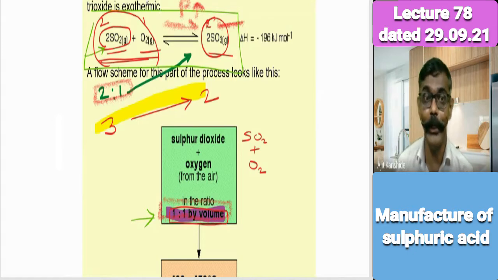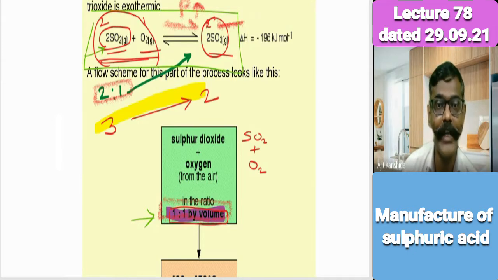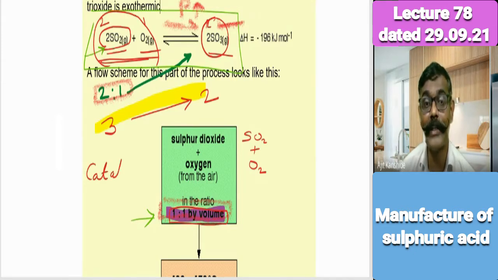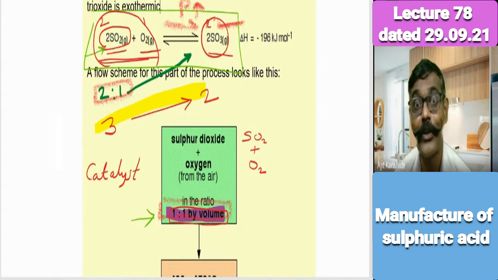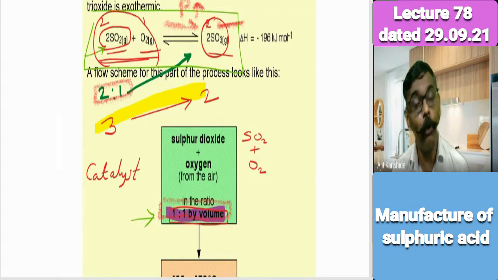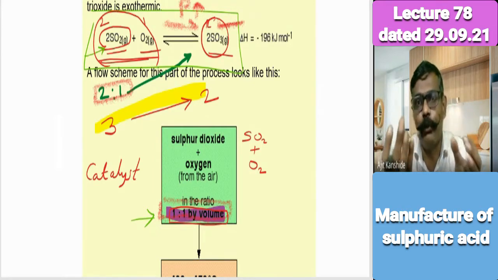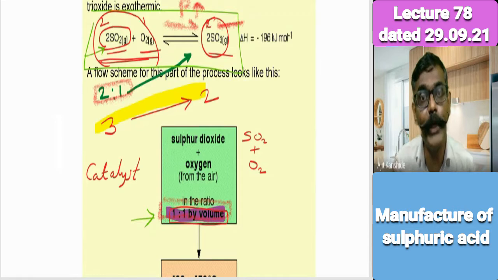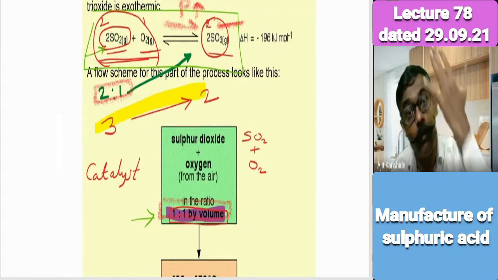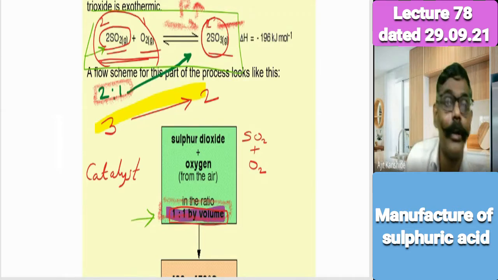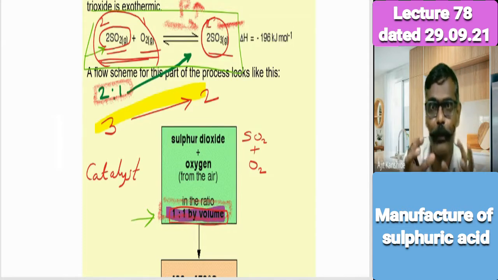But the important point here is the catalyst. The role of the catalyst, the working of this catalyst: what does a catalyst do? The catalyst gives the provision to combine one with the other. But it is not the case that when too many reactants come, the combination will be high. The catalyst also needs some time for the combination.